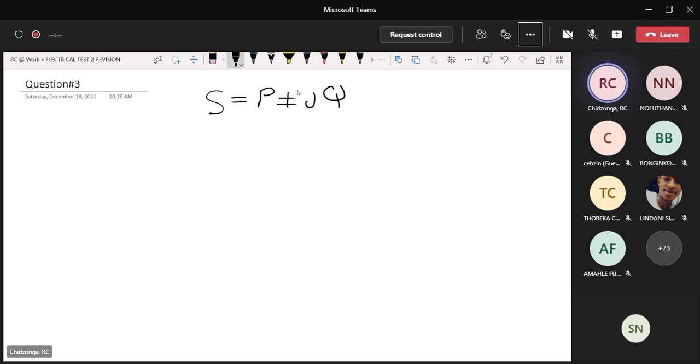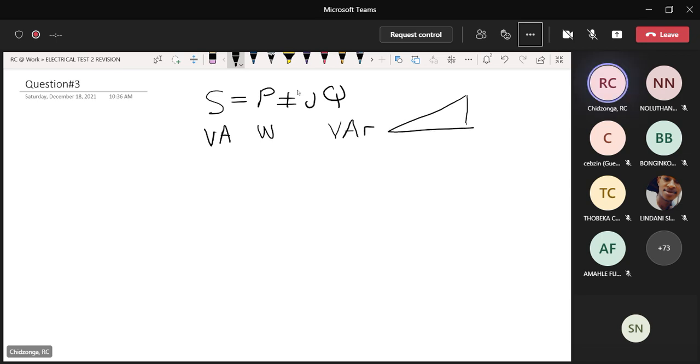We told you in the lecture that S is called apparent power and is measured in units of volt ampere. P is the real power, which is given in watts. Q is reactive power, which is measured in units of volt ampere reactive. These three quantities form a triangle.